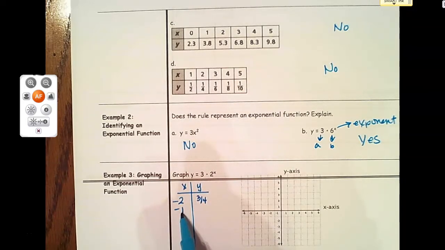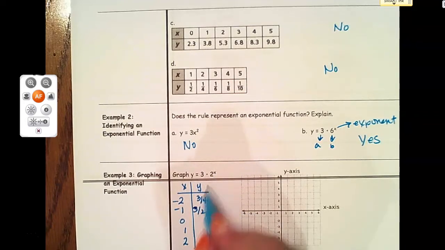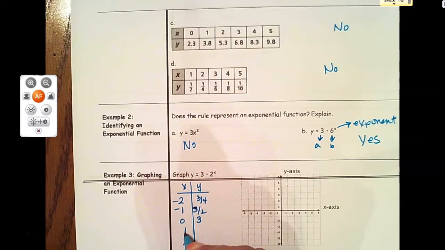Then 2 to the -1 is a half times 3, is +3/2. 2 to the 0 is 1 times 3 is 3. 2 to the 1 is 2 times 3 is 6. 2 to the 2 is 4 times 3 is 12.